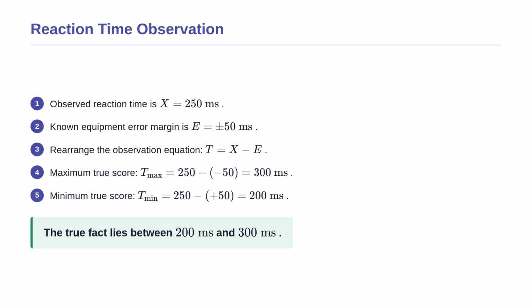By rearranging the formula to T equals X minus E, we can plug in our negative and positive error bounds. Subtracting negative 50 gives a maximum of 300, and subtracting positive 50 gives a minimum of 200. Physically, this final answer means the true reaction time is trapped within this window, showing why a single observation is not yet a precise fact.